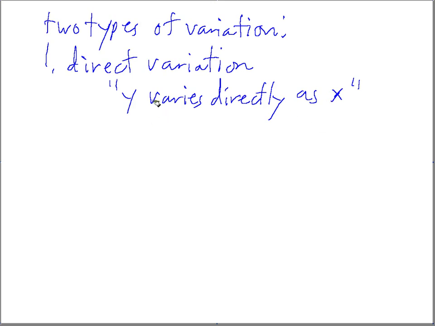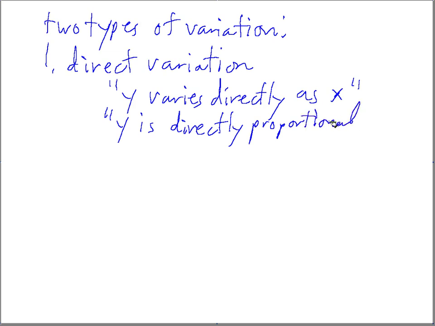As x goes down, y goes down, and so on. Now you may also see this phrase: y is directly proportional to x. Again, that means the same thing, right? As one goes up, so does the other.